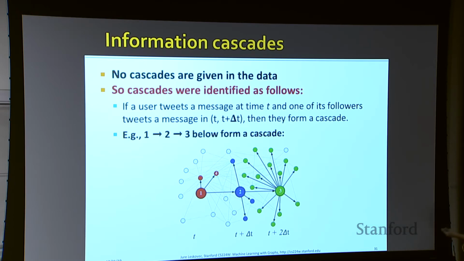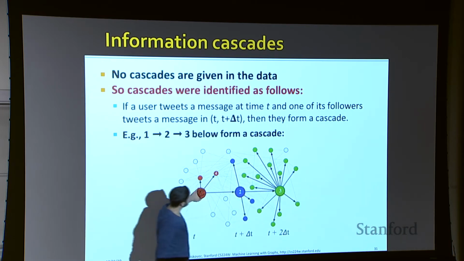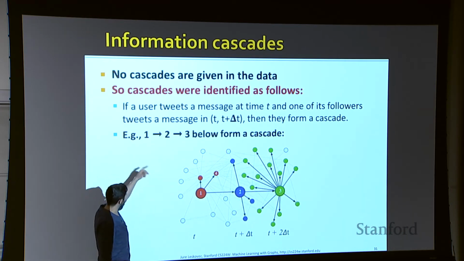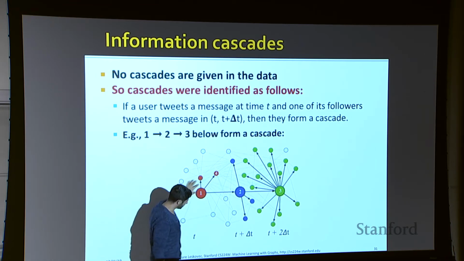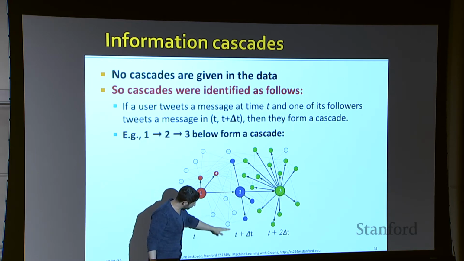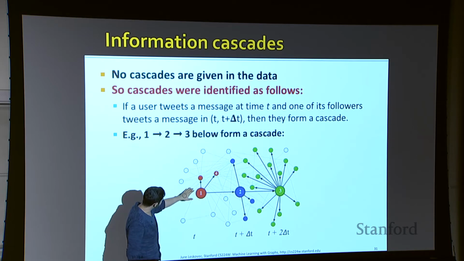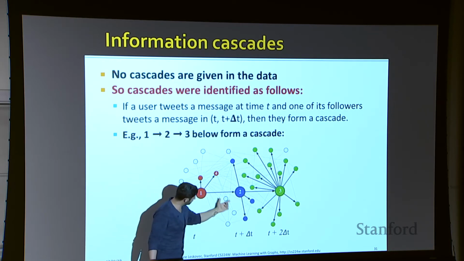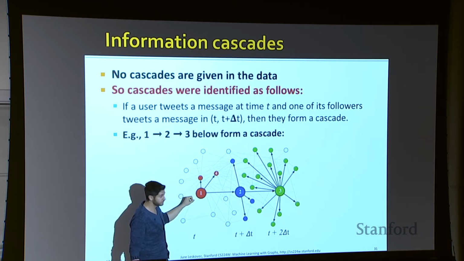So the cascades in this case were identified as follows. If a user A tweets a message at time t, and then one of its followers tweets a message at time t plus delta, then they're forming a cascade, okay? So what you do here, for example, is you divide your timeline in uniform blocks, and then you go and check if the information is moving from one user to another, and if this spread doesn't stop, okay?